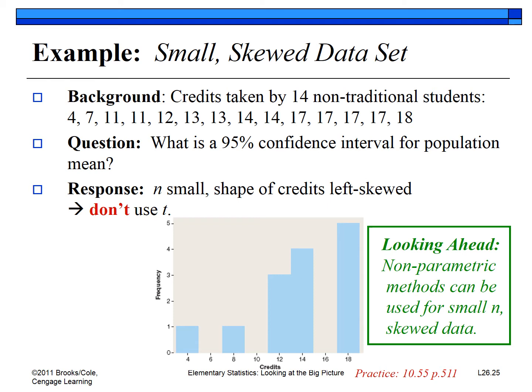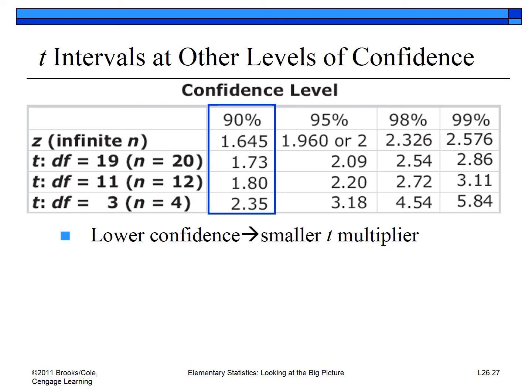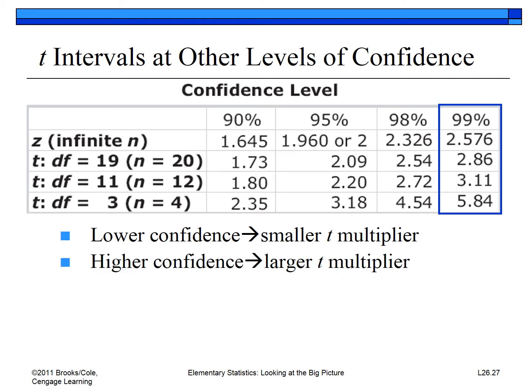Something called non-parametric methods can be used to find this confidence interval, but we won't be covering that in this course. Now, this chart excerpts some of what you see on the handout that I gave you. What I want to point out again is that for a lower confidence level, the multiplier is smaller than for a higher confidence level.